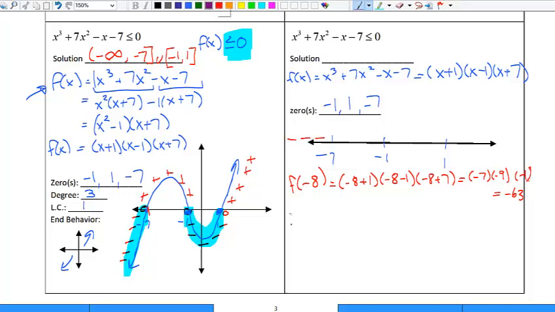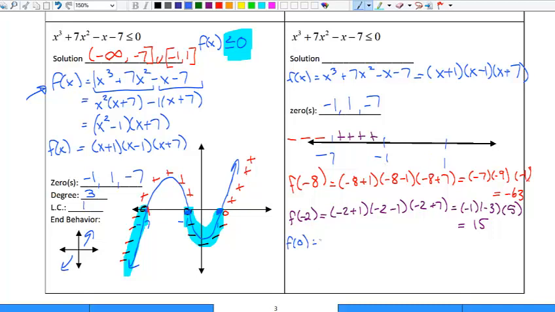All right, let's look at the next one. So I need a point in between -7 and -1, which is, I don't know, let's try -2. Again, I'm going to use the factored form, as long as I'm confident I factored that correctly. This is going to get me -1 times -3 times 5. So that gets me a +15. In the next interval, between -1 and +1, I'm going to try 0.